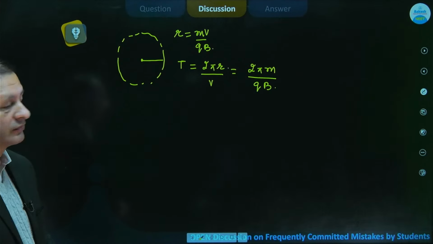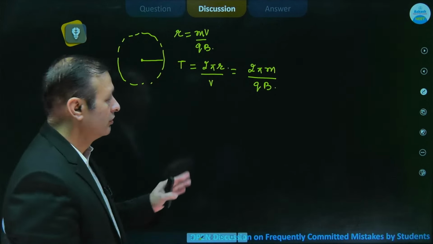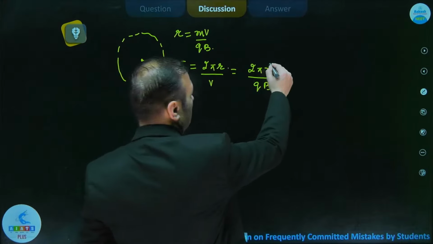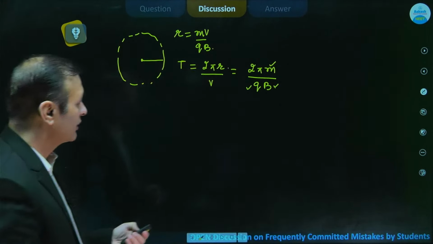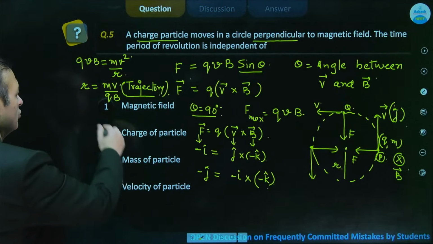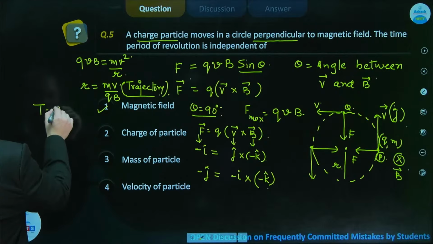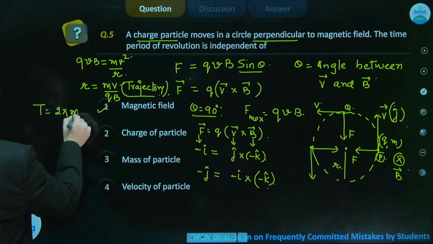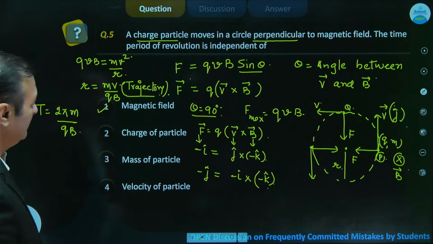Got it? 2 pi m by qB. Now, it depends on mass, it depends on charge, it depends on B. Coming back to the same question, it depends on magnetic field, because time period is 2 pi m by qB. So it depends on magnetic field, yes.